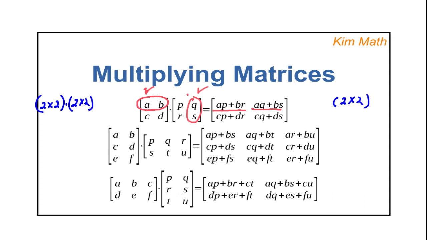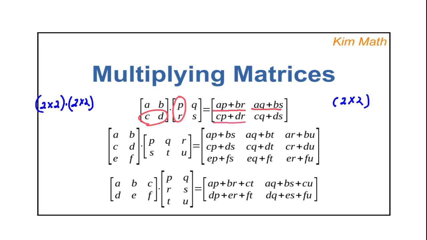Good? Yes. Now, for the second row, first column, we must choose the second row here and the first column, and multiply, then add.